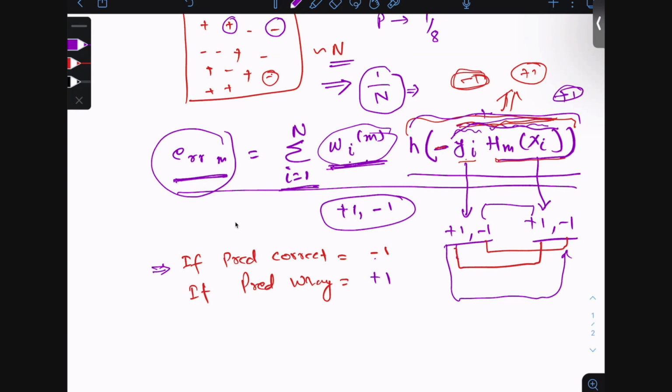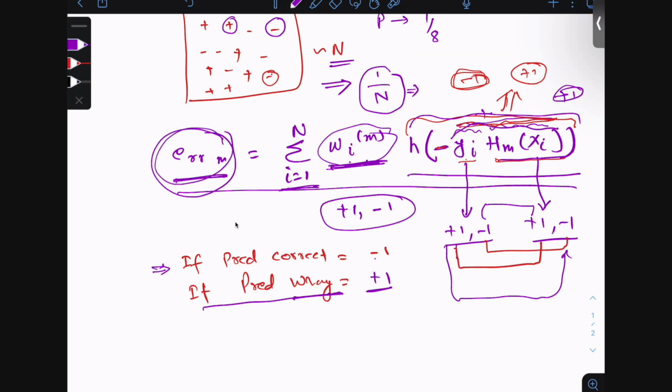If my predictions are correct, my error rate should be low. Makes sense? If my predictions are wrong, with ground truth +1 and I'm predicting -1 or vice versa, then this value becomes +1 multiplied by the weight, which is a positive number, so it will become positive.